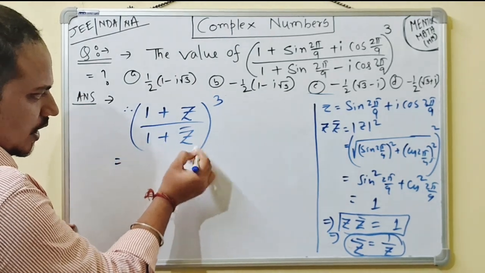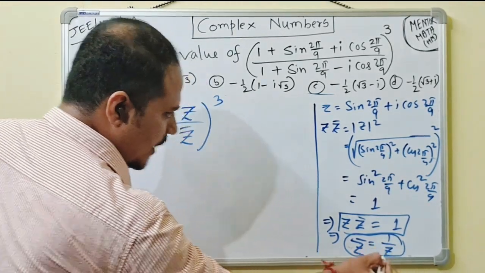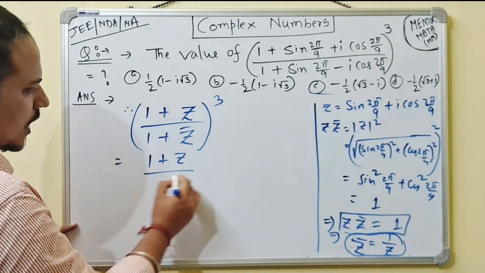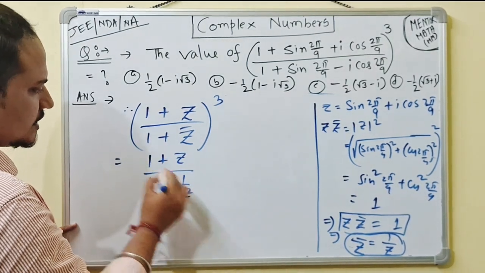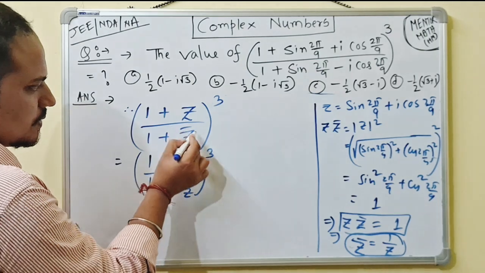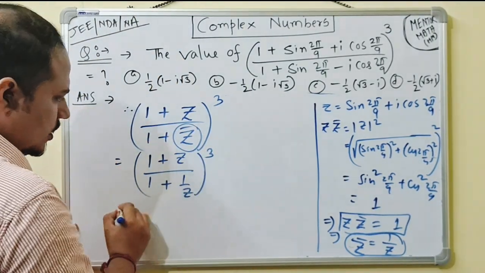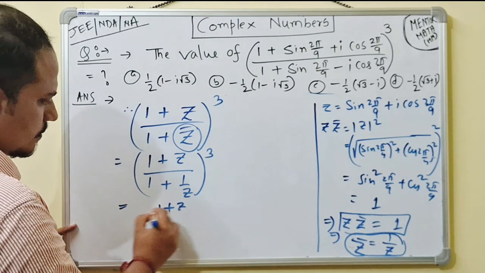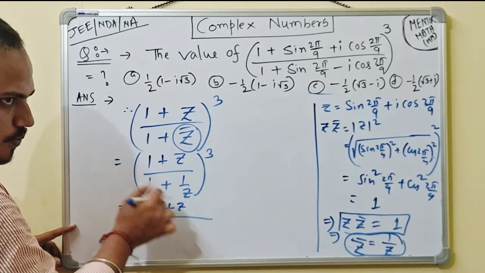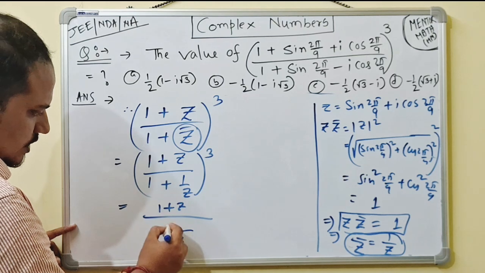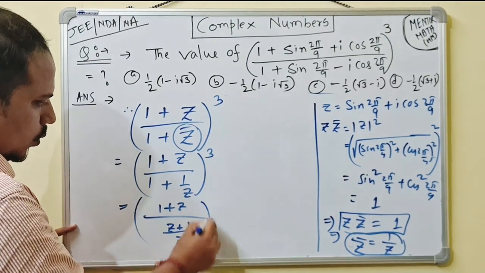Now this z̄ is replaced by 1/z. This z̄ you can substitute here: (1 + z)/(1 + 1/z) whole cube. Now you get the value: take the LCM, that is your denominator, z, that is (z + 1) whole cube.